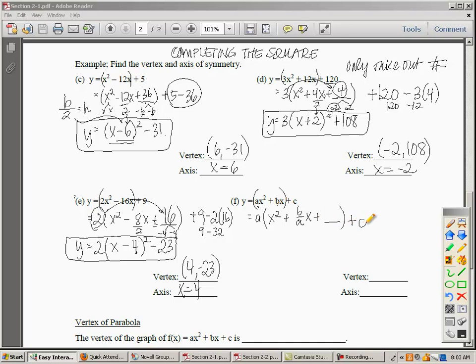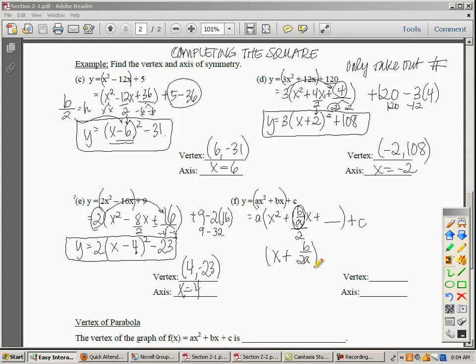And then I have this c at the end. Okay? What we said is basically take this b value and divide it by 2. Dividing by 2 is the same thing as multiplying this by 1/2. So what I end up getting is x plus b over 2a.